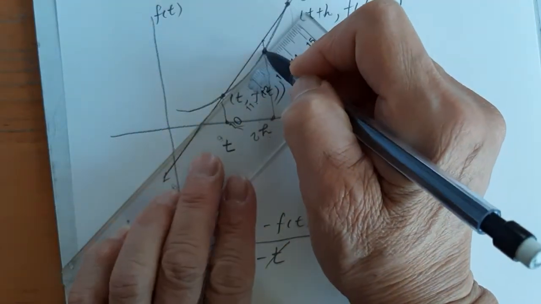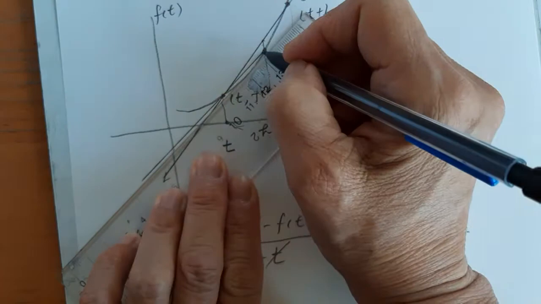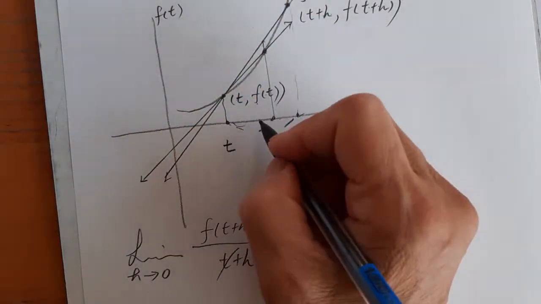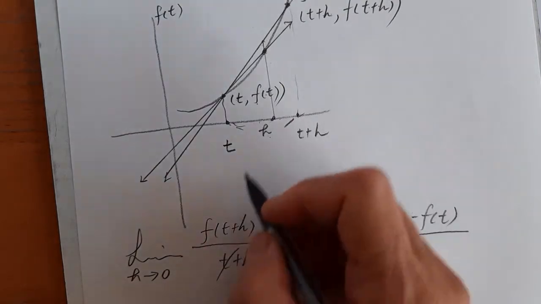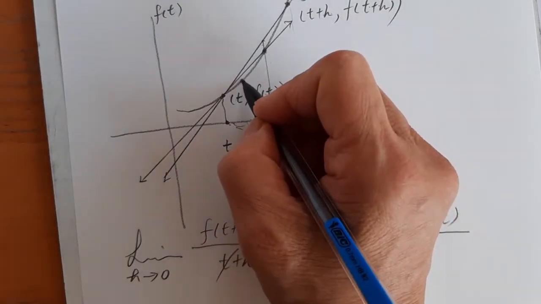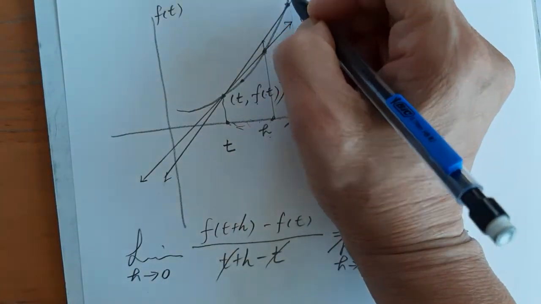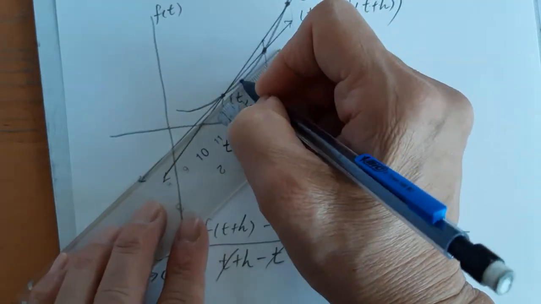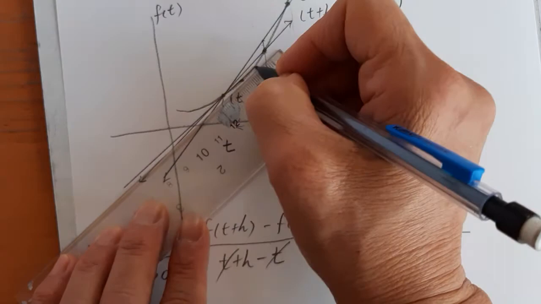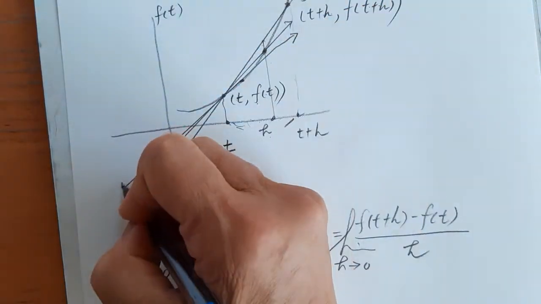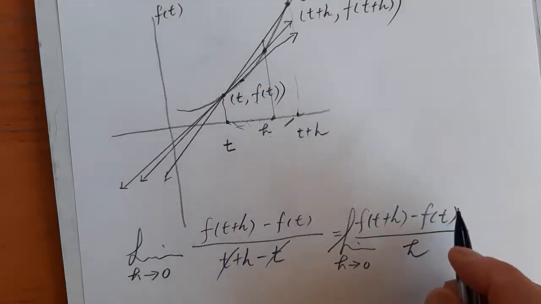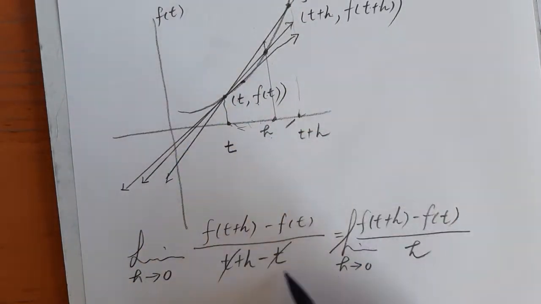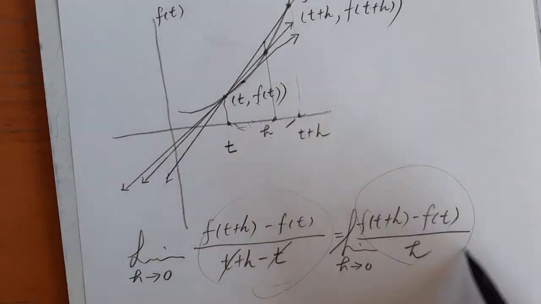Then you get the slope of this secant line. As h slowly approaches 0, the point moves along the curve, and the slope of this line we call the average rate.